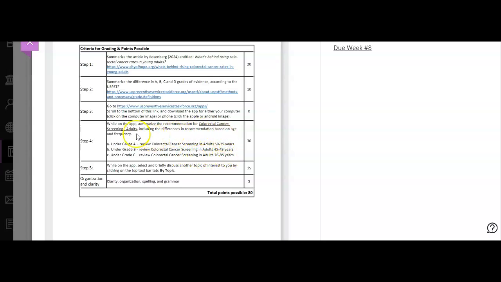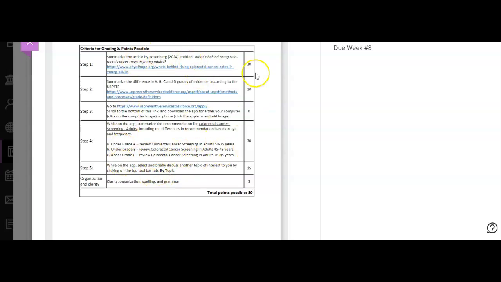So you're going to go on and you're going to let us know for 30 points what the recommendations are based on this. And you're also then, while you're on this app, you're going to briefly discuss another topic of interest to you by clicking on the by topic.